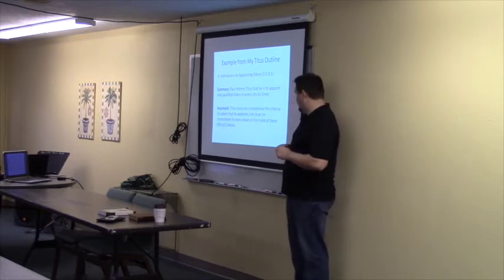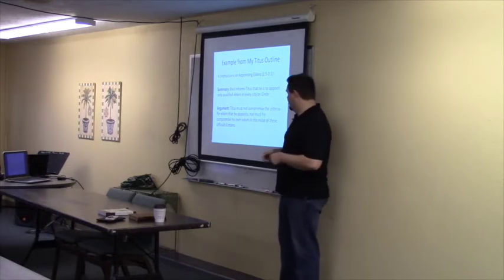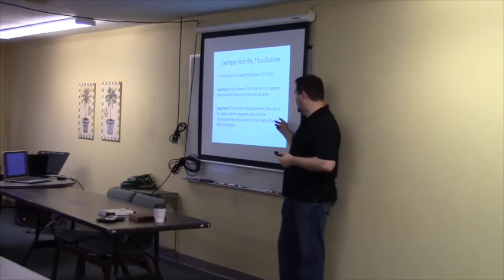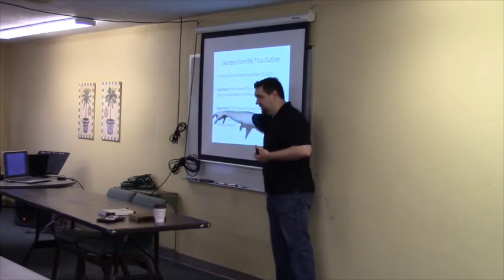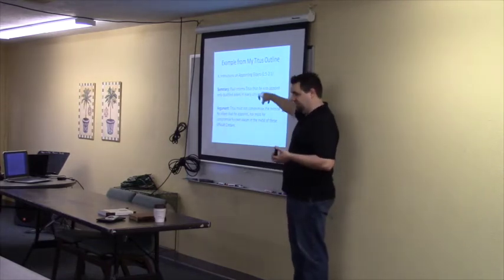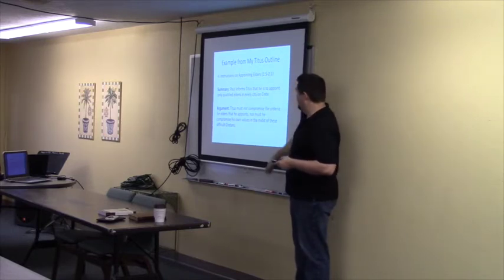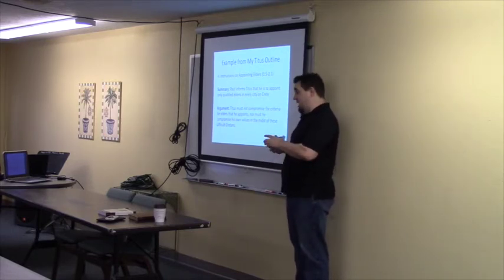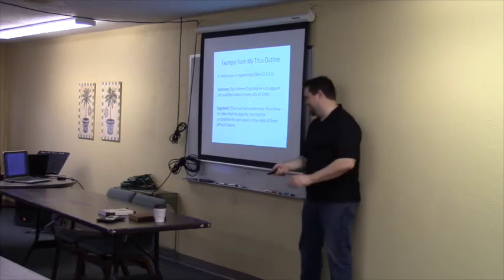Titus must not compromise the criteria for the elders that he appoints, nor must he compromise his own values in the midst of these difficult Cretans. So he has to hold to the values that he applies to the people he picks, and he has to hold to the values himself. This combined everything, and I'm happy with this, and I'm happy I wrote Titus and not Timothy.